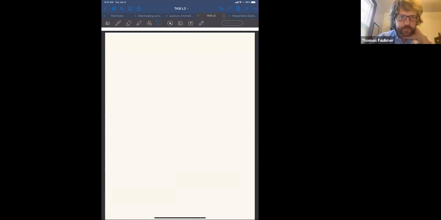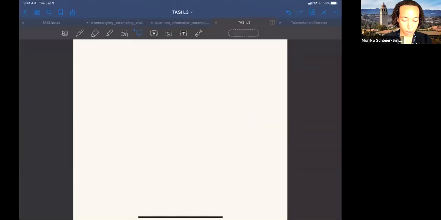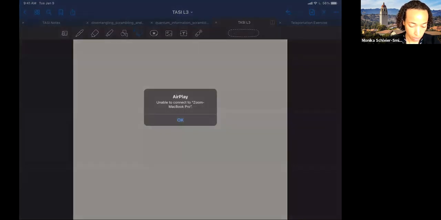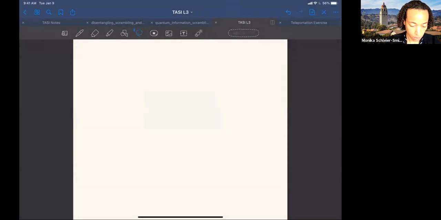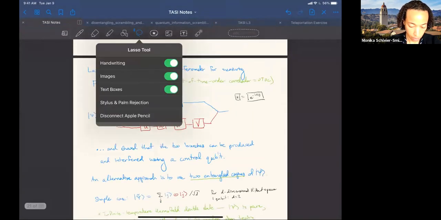Yes. Okay, maybe we should let it rotate so I think it'll be bigger. Okay, so let me actually just copy quickly a picture that we had last time.